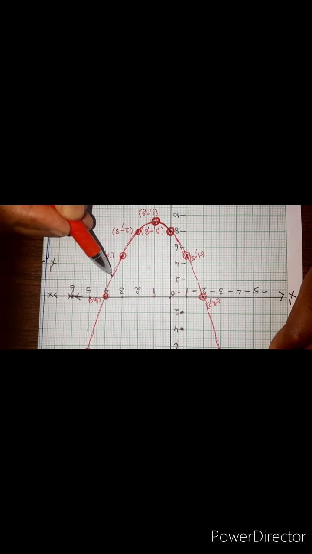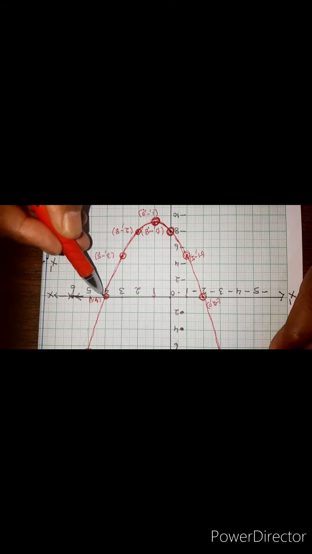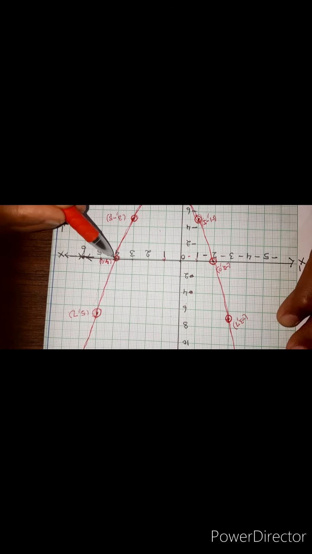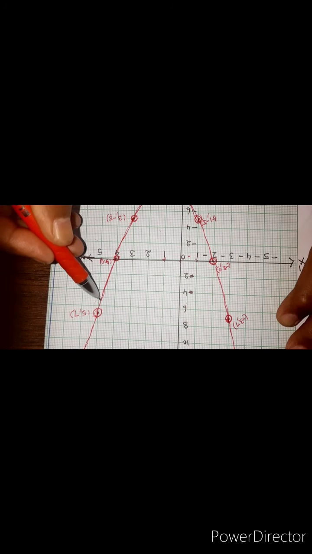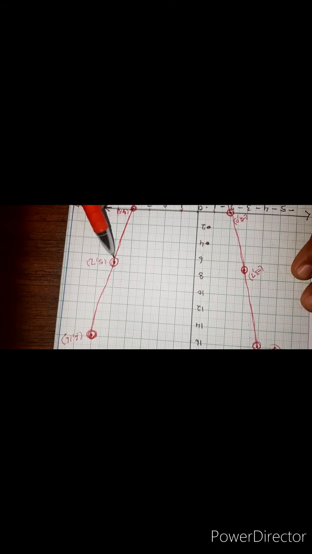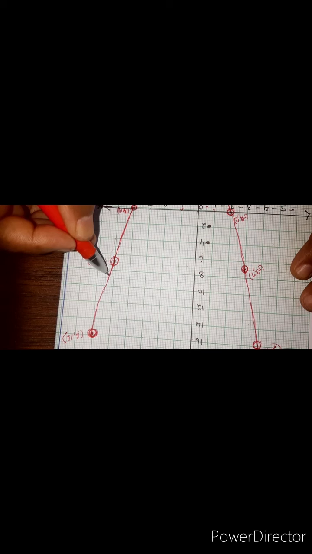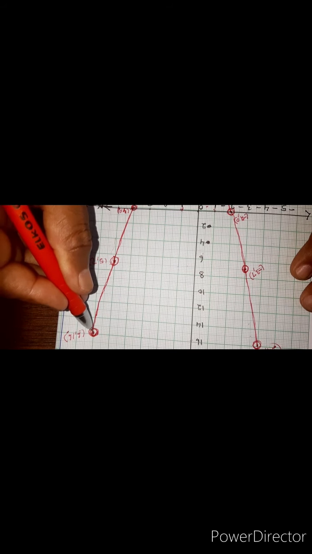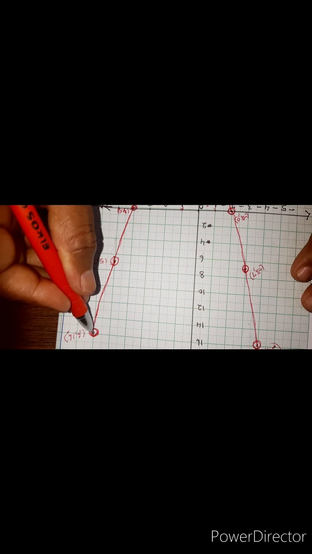Look here, our pen pointer. Again here point 5, 7. Again this line curves to 6, 16 on this side.